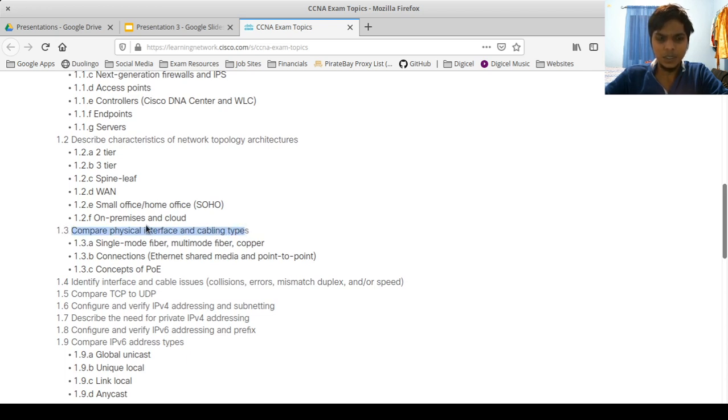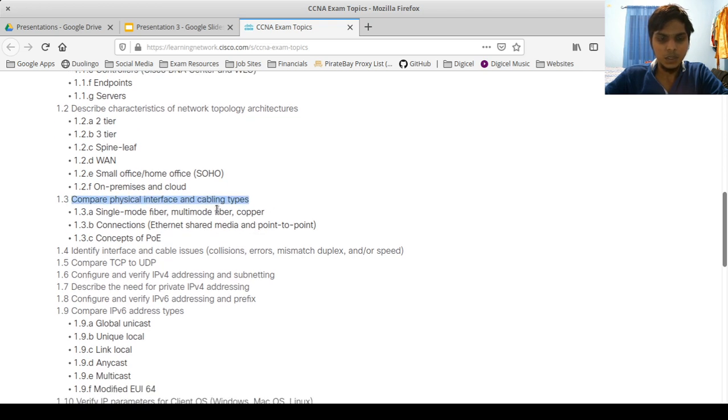It'll be numbered the same, 1.3, and then this topic name. Try to find it in the textbook, and read Wendell Odom's discussion, he's the author of those books.